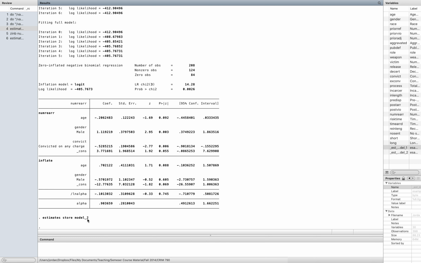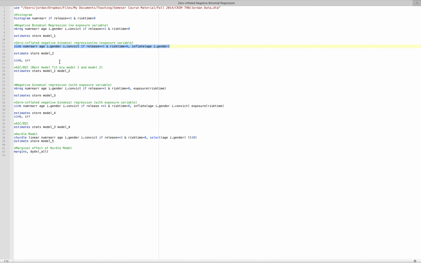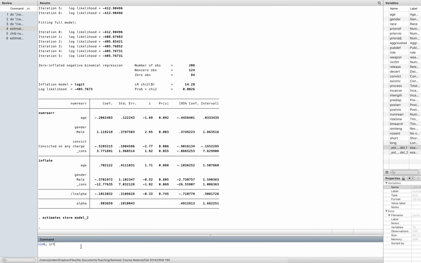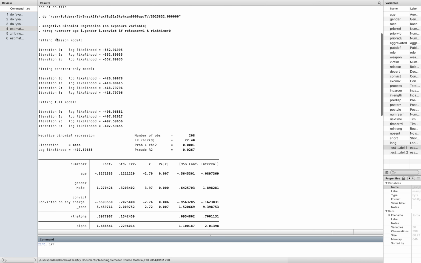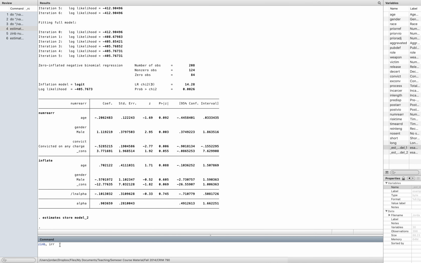And we stored the estimates. So one thing you can do, you can take this model and do the IRR, which we talked about last week, you can look at the rates. Last week we did NBREG, IRR to get the incident rate ratios.